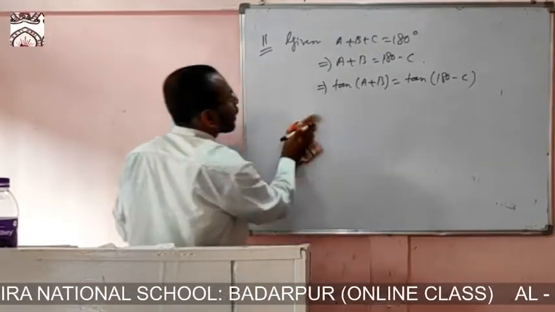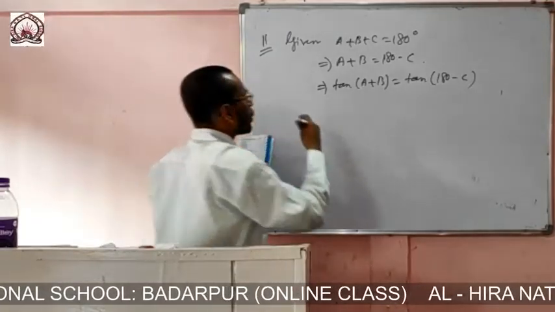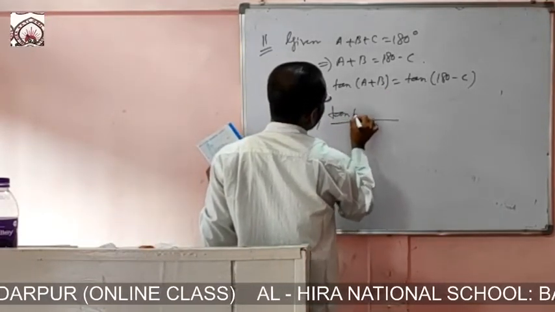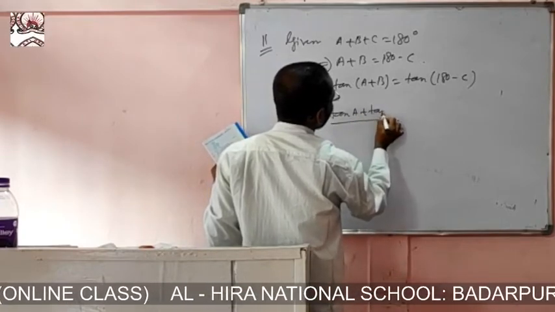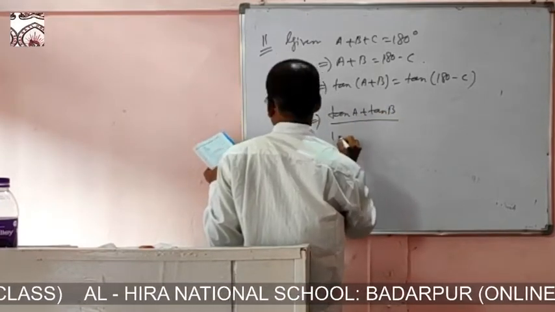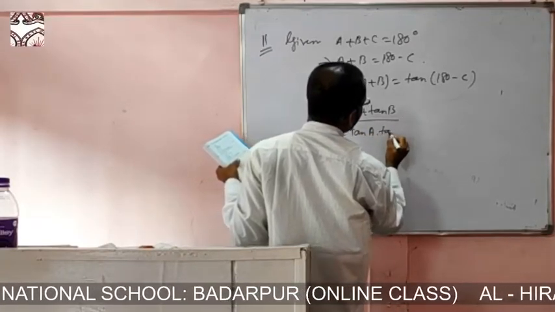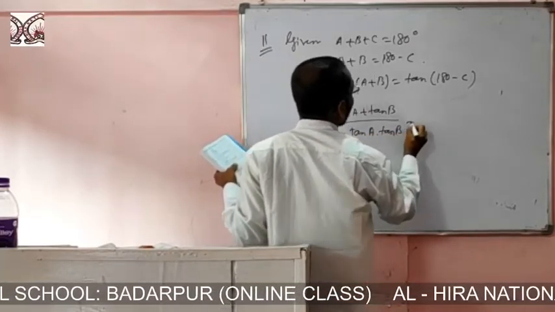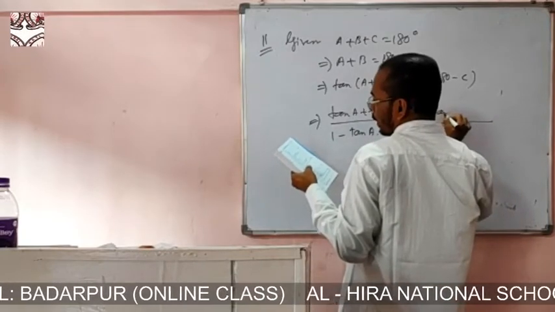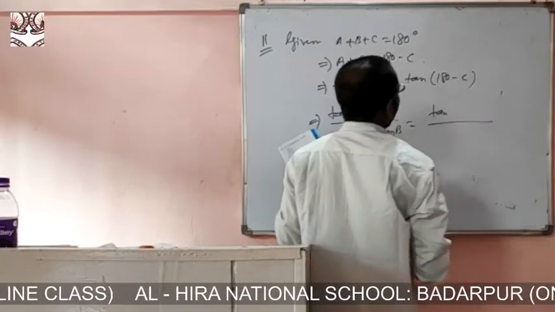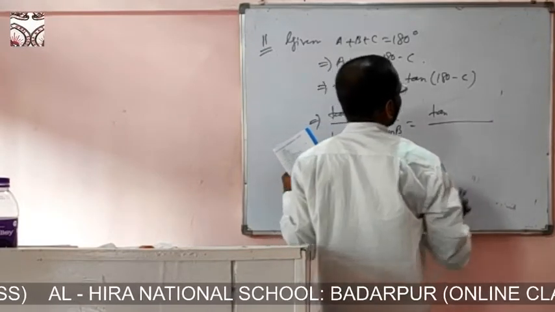So tan a plus tan b will be what? Tan a plus b formula is tan a plus tan b by 1 minus tan a tan b, and this will be tan 180 minus c. So 180 minus c, you see, 180 minus c.